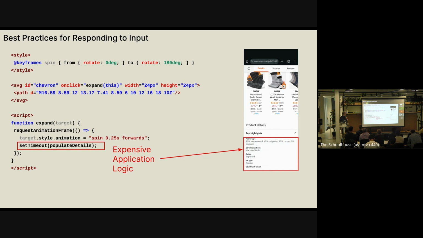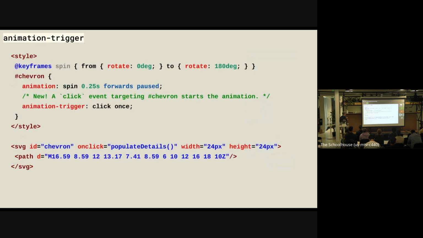What we propose to do is add a little bit of syntactic sugar, and that is animation-trigger. This syntax means that if a click arrives on this element, then we should start its animation immediately.